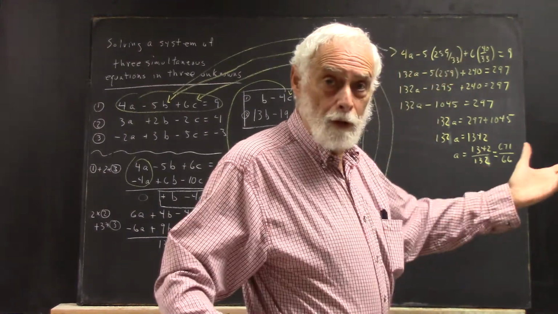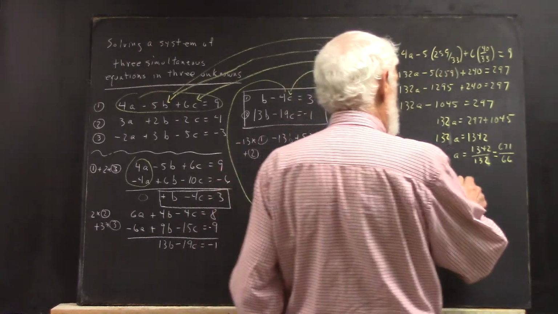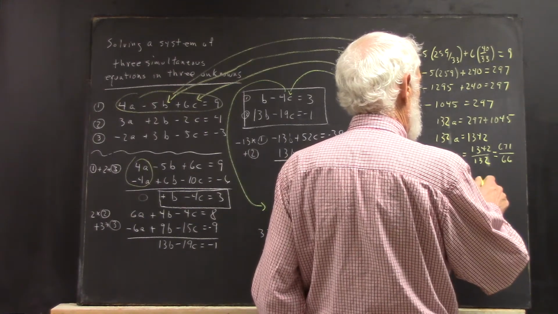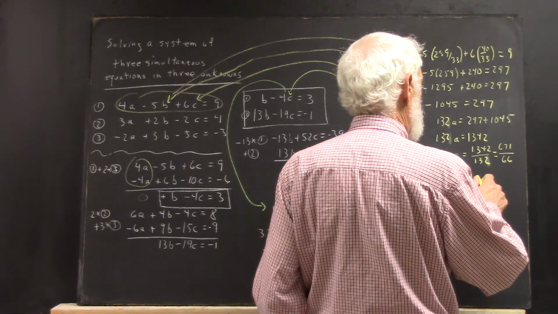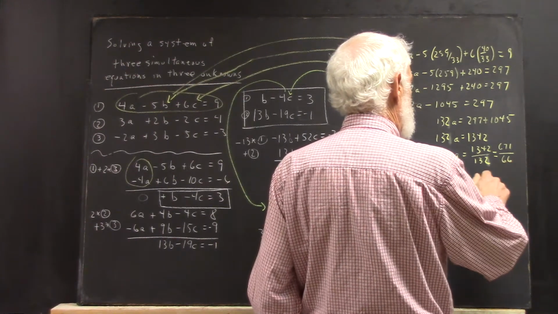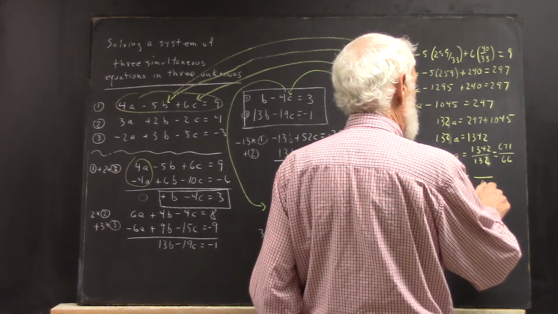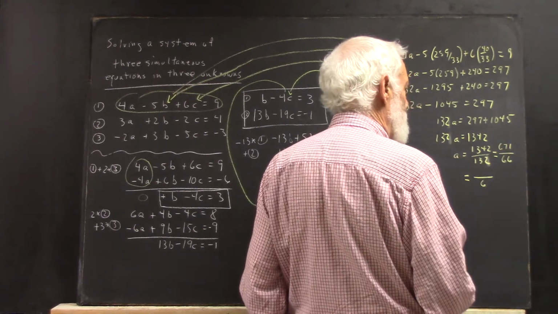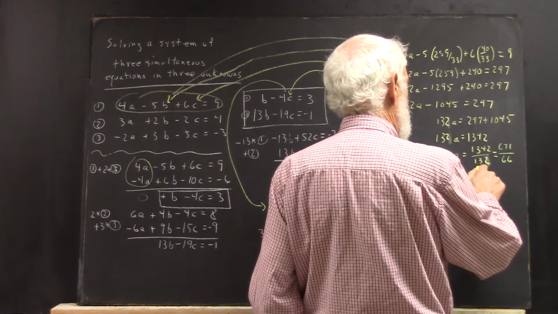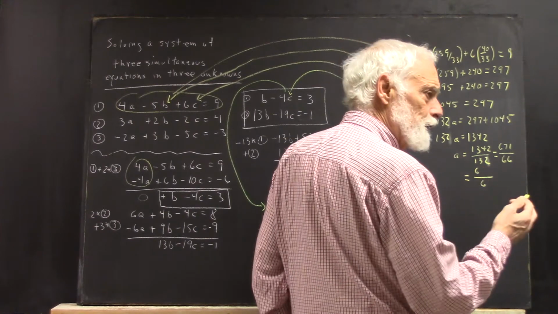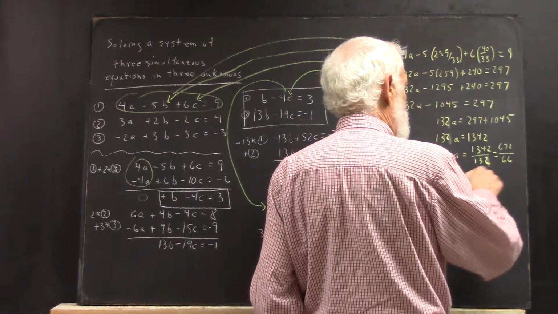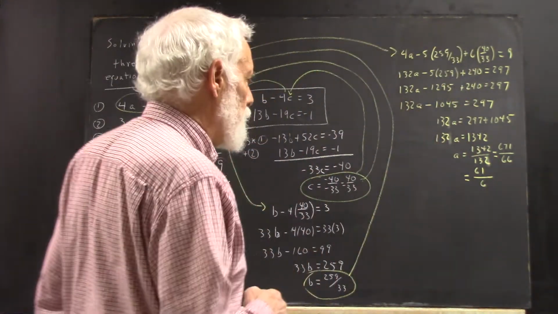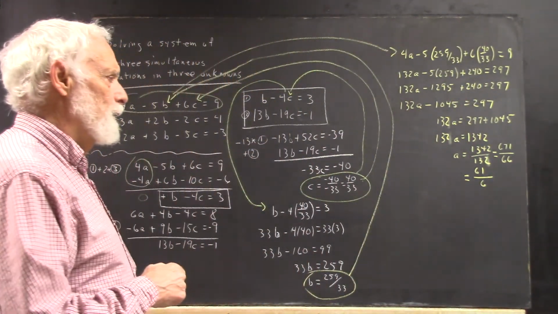These numbers are just random, you know. 11 goes into 66 6 times. 11 goes into 671. Well, it goes into 666 times, and the remaining 11 once. So it looks like A equals 61 over 6.